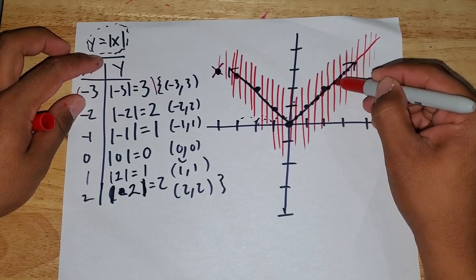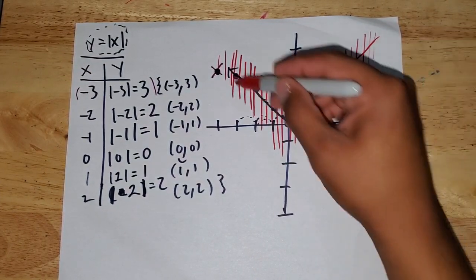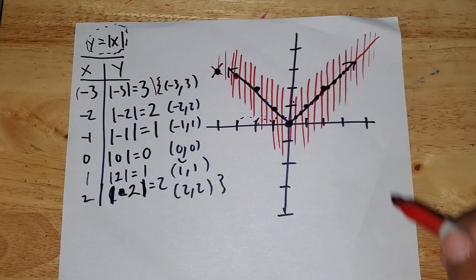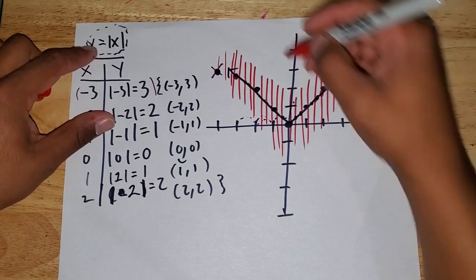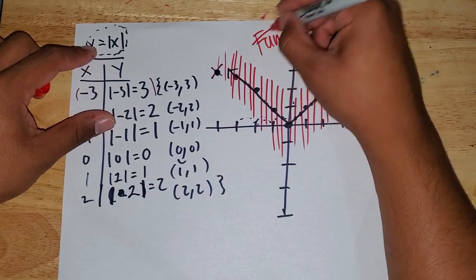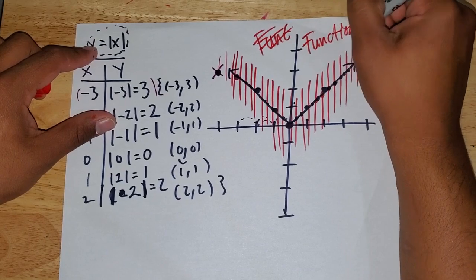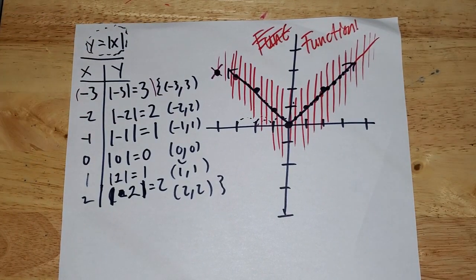For this line, there's only this intersection. So that means anywhere on this graph, it's only going to intersect it once. Meaning that this is actually a function. That's pretty valid.